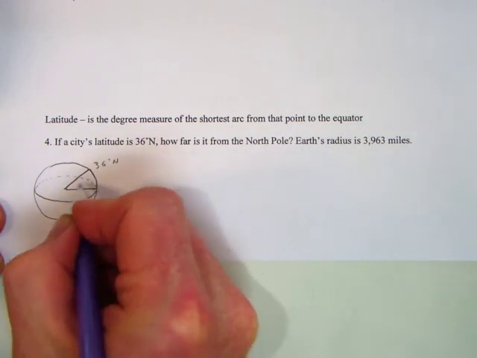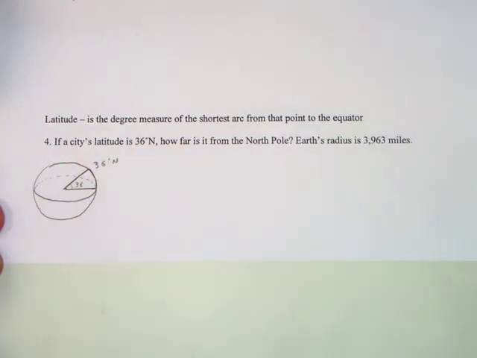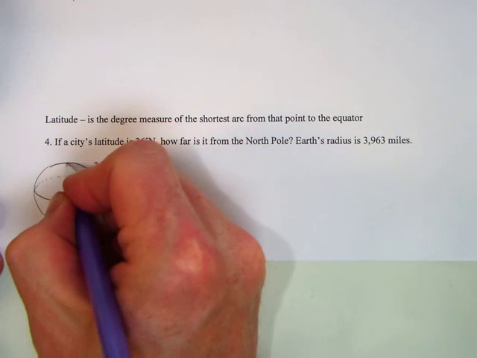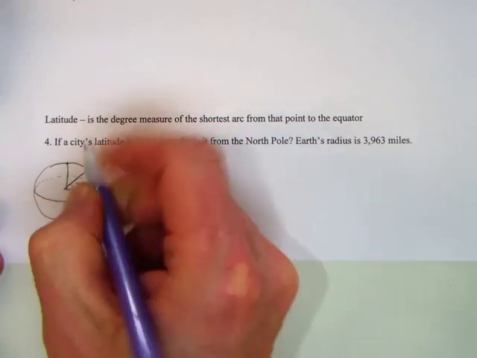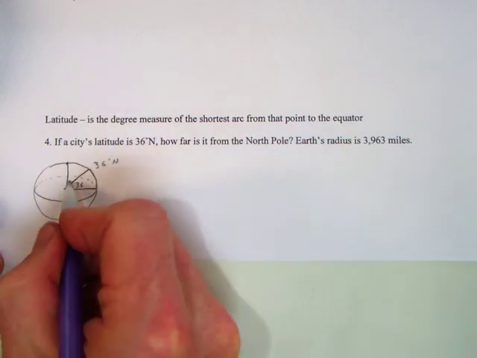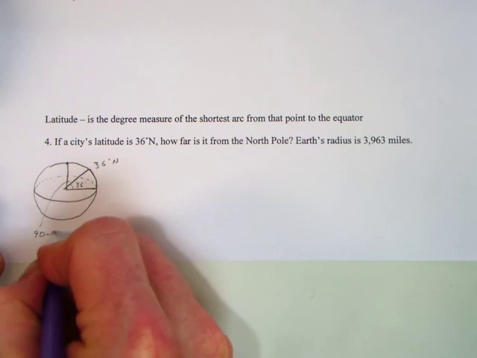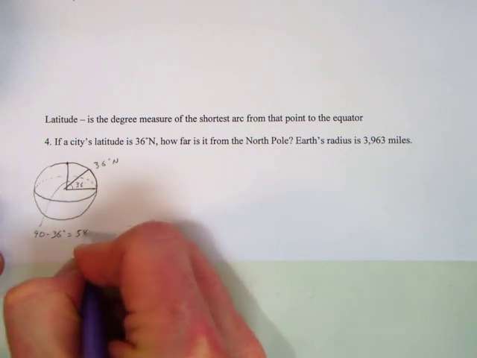This measure would be 36, so that means the inside part, it's a central angle, would be 36 degrees. Now I want to say how far it is from the North Pole. The North Pole is due north. We'll come up there, and if this is 36, how am I going to calculate that angle? Well, that angle will be 90 minus 36, so it'll be 54 degrees.